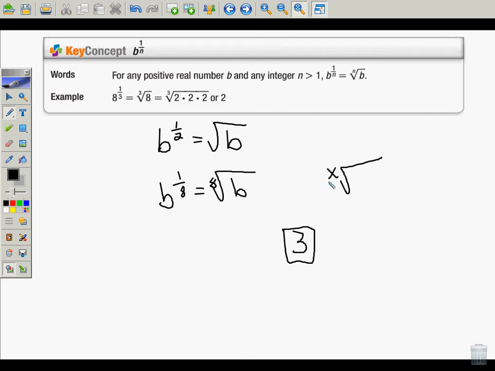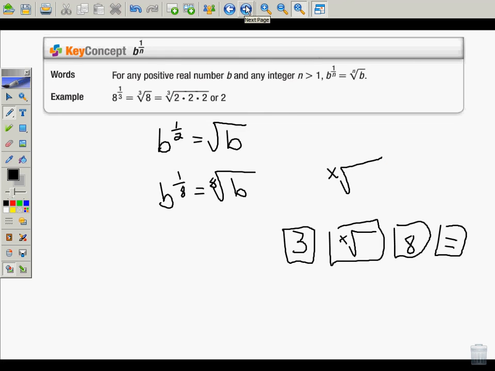So x is going to be 3, and then you press this root button, and then you type in the 8 that you're trying to take the cube root of, and then you press equals, and you'll get your answer. So you type in the number of the root you want, then you press this button, and then the number you want underneath the root, and then hit equals.